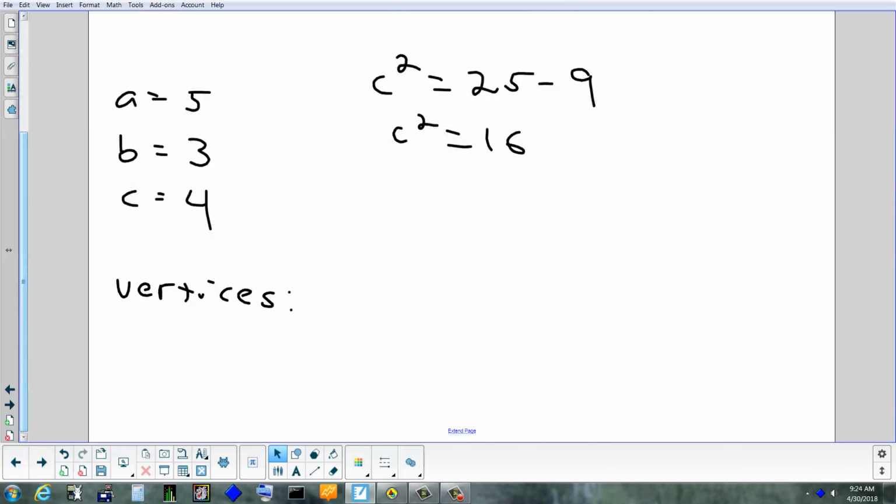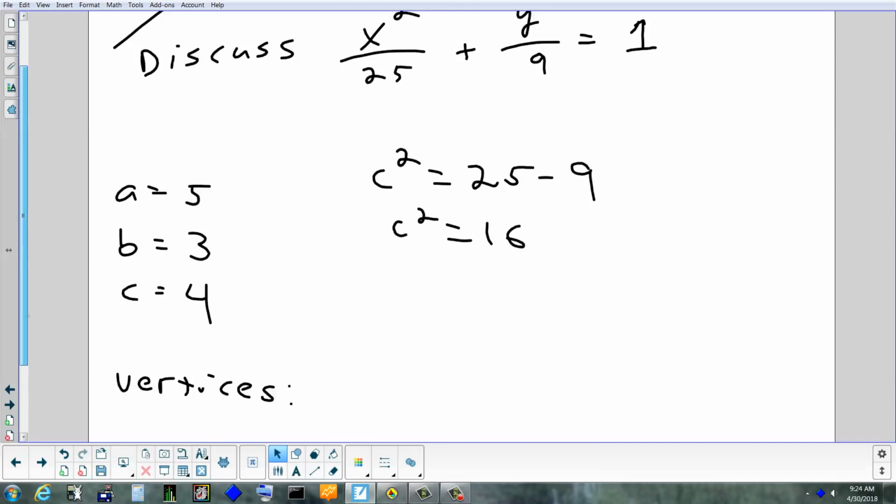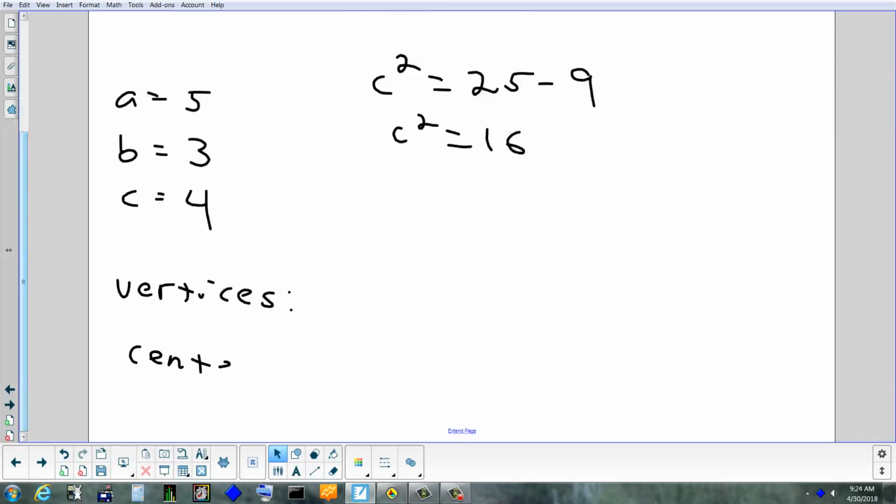Okay, so vertices. They are A units away from the center. So I know the vertices are 5 units away from the center, which, you know what, actually let's write that down first. Center. Sam, what's the center here? 0, 0. Yeah, it's going to be 0, 0. Okay. So now I know the vertices are 5 units away from the center. But the question is, are they 5 units up and down, or 5 units left and right?